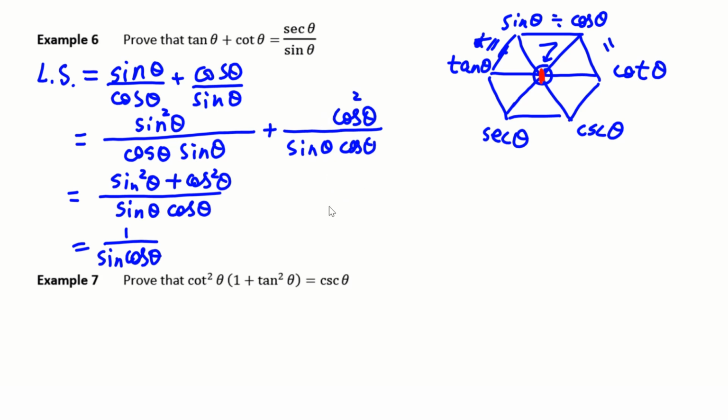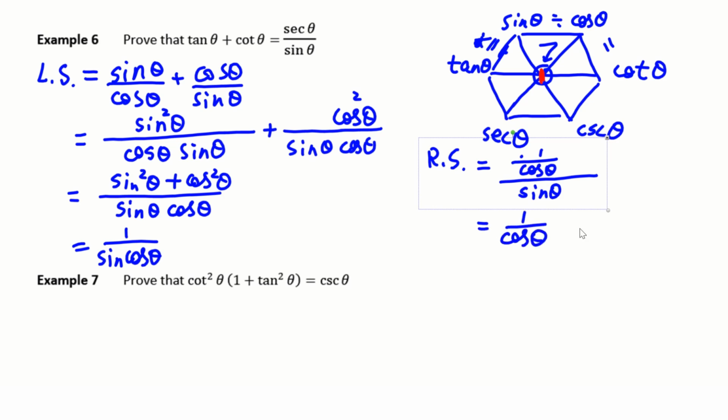Then we could start from the right side. The right side equals, we change the secant to 1 over cosine, all over sine theta. Then 1 over cosine theta divided by sine theta.